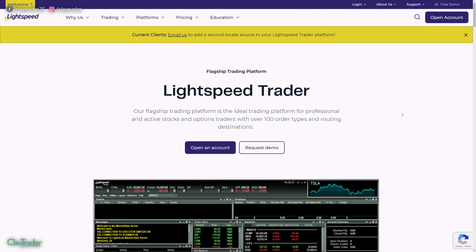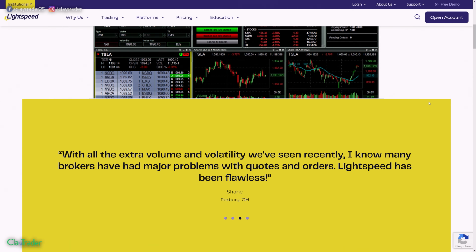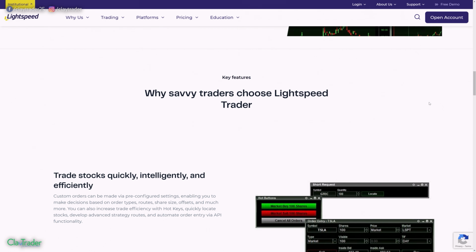For my online broker to buy and sell, I'm using Lightspeed. However, for the platform I'm using Lightspeed Trader. And I make that distinction because Lightspeed as a broker offers several different platforms. The platform I am using under the umbrella of Lightspeed as a broker right here is the Lightspeed Trader.